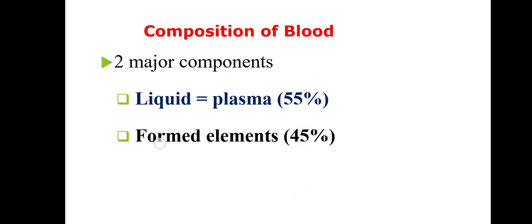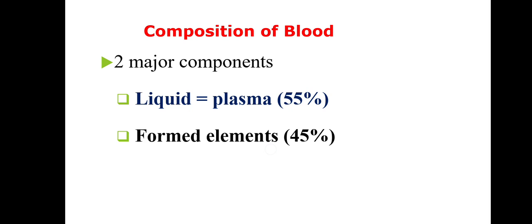So now we need to look at what really comprises the plasma, because questions are going to tell you: state the components of blood plasma, 10 marks. State the components of the formed elements, 10 marks. So we really want to know what the elements, or the features, of the blood plasma are.